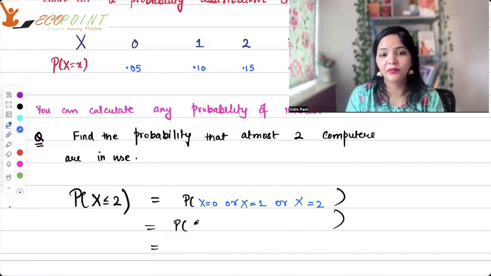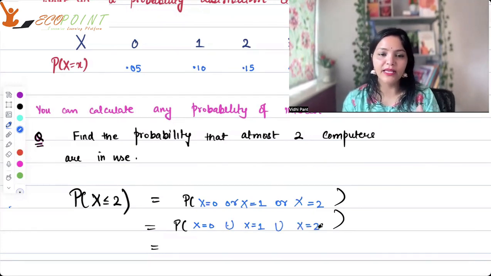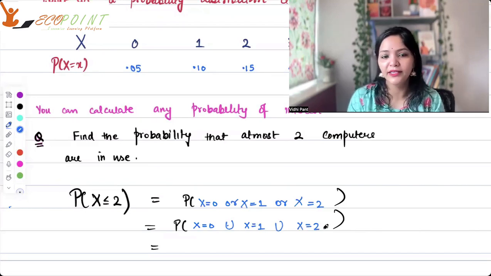Or in set theory and probability means union. So, x equal to 0, union x equal to 1, union x equal to 2. Now, if you look at these as events, when x is equal to 0, x cannot be equal to 1. When x is equal to 0, 1, it cannot be equal to 2. That means these are all mutually exclusive. There could not be any intersections.